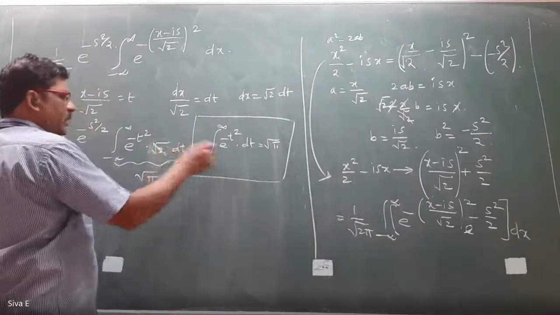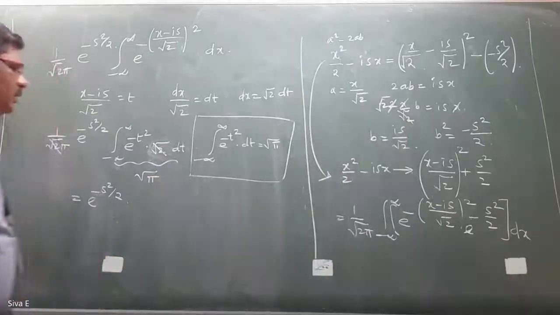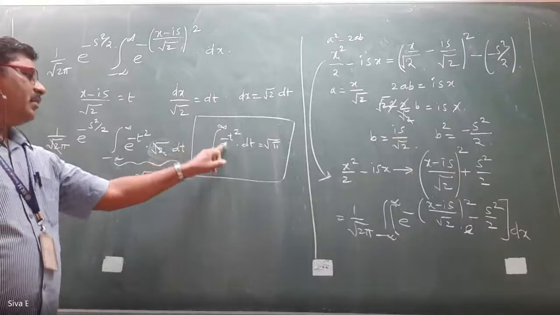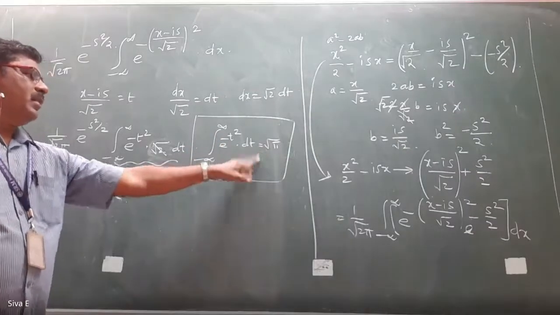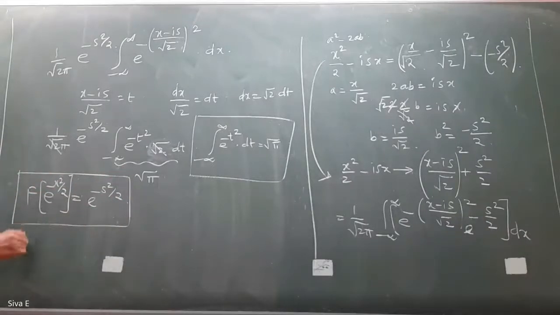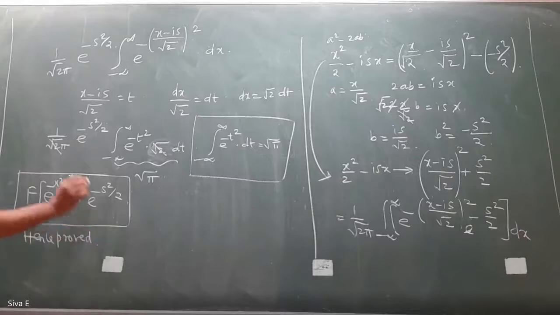Don't combine it with the multiplication; it is a result. Therefore the Fourier transform of e power minus x square by 2 is e power minus s square by 2. Hence proved.